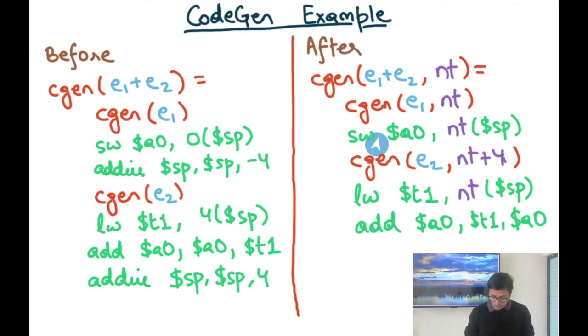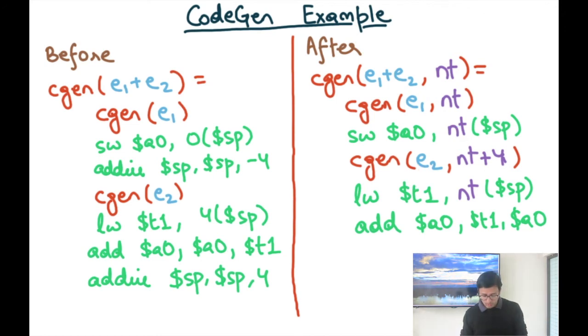And then I can store the computed value at nt. Okay, so what does that mean? Now, whatever is the space that was used by E1, it doesn't matter. I don't need those values anymore. But now I can save the computed value to nt because that's where I want to save the computed value of E1 before I start computing the value of E2.